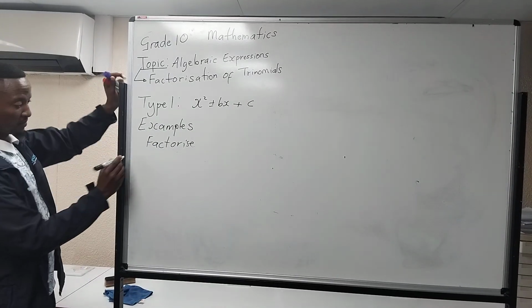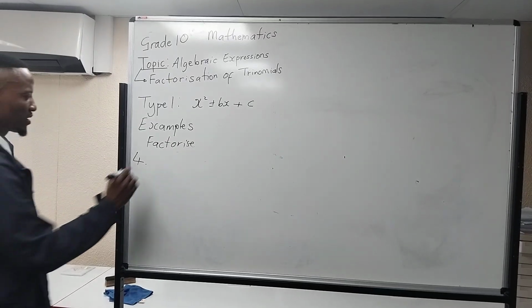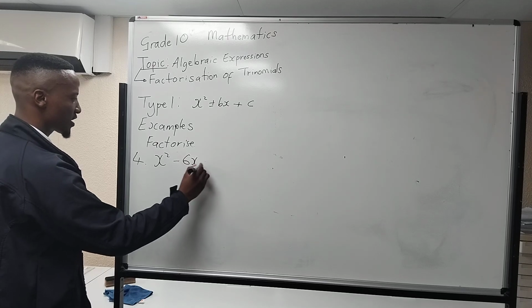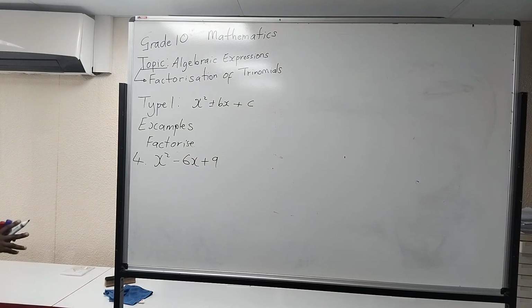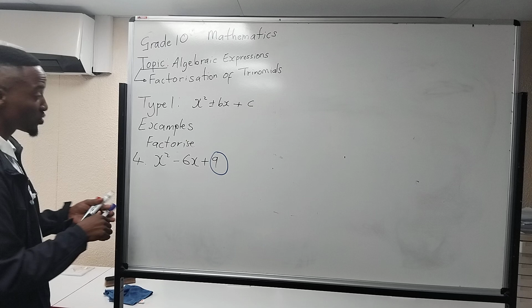Example 4. We are given x squared minus 6x plus 9. This is our trinomial. The focus is the last term. Our last term is positive 9. Now we go to step number 1.